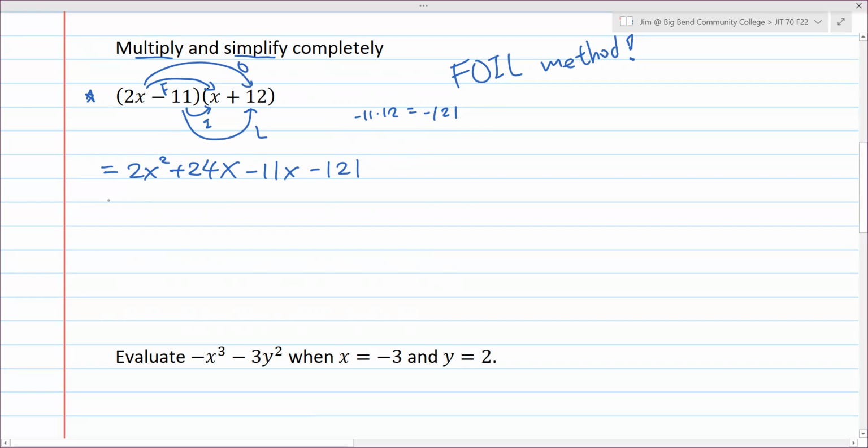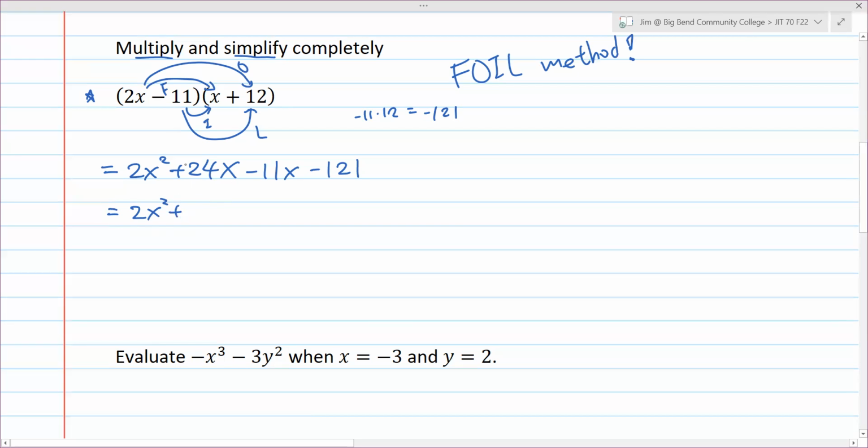All right. So that's what we have. That's what we expand. And then is that expression simplified? Well, I don't think so. Why is that? Because there are like terms remaining. 24x and negative 11x. We have to add them up.